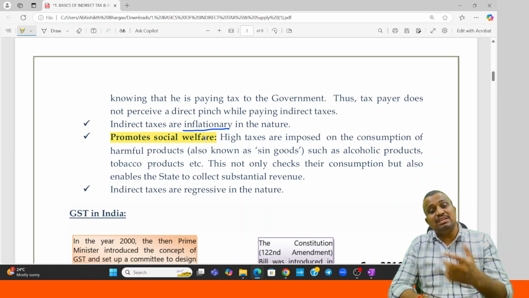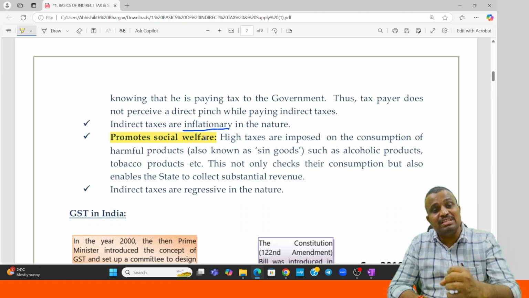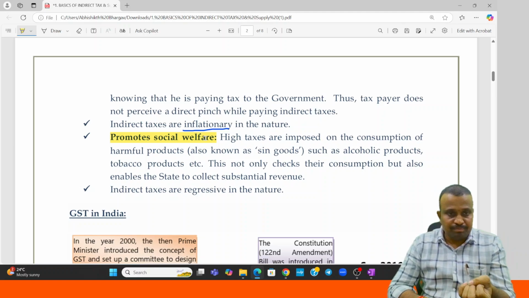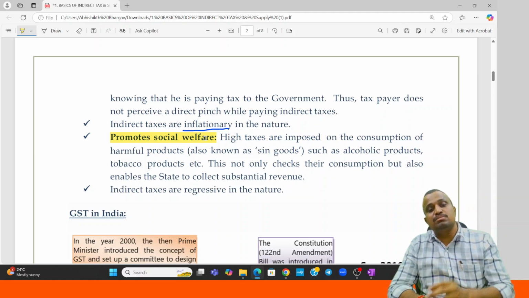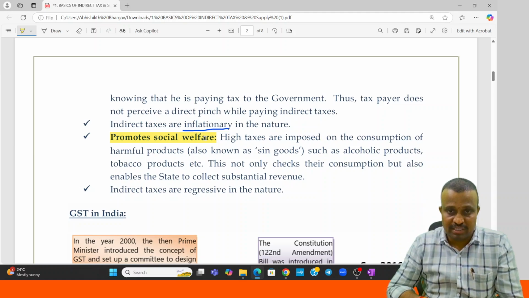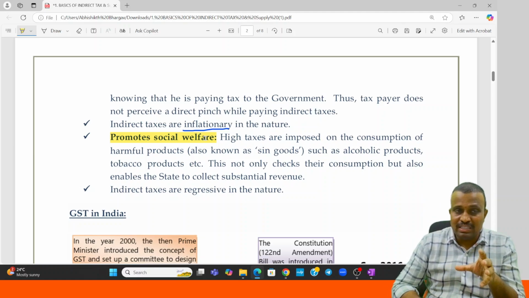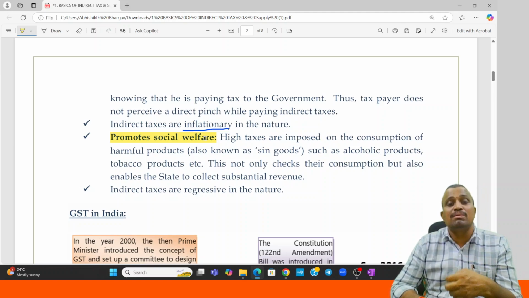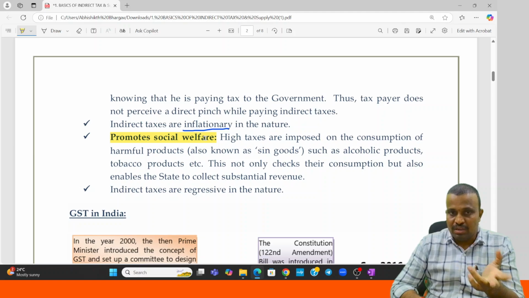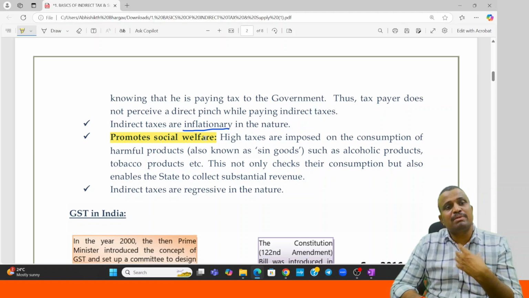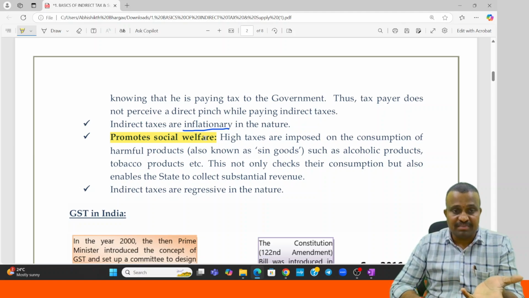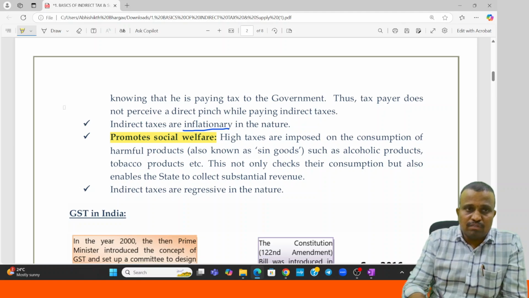Indirectly, they are promoting the health of human beings by reducing the consumption of this type of sin product. But the catch is that these are habituated products. As the price increases, they will still purchase more and more units. So compared with the regular scenario, they are indirectly saying we are promoting the health of human beings.